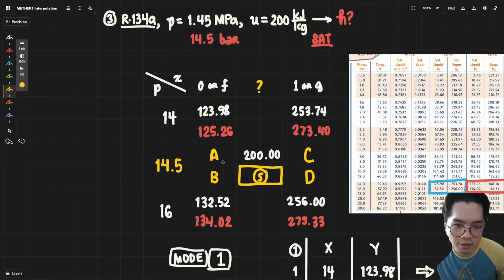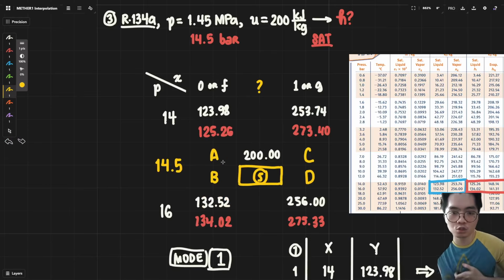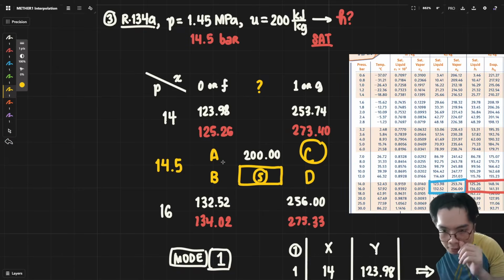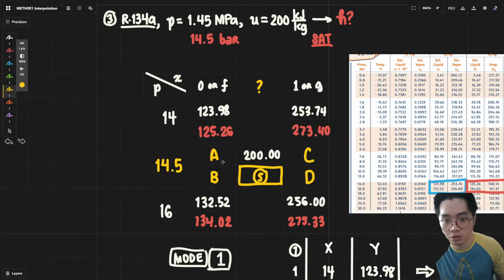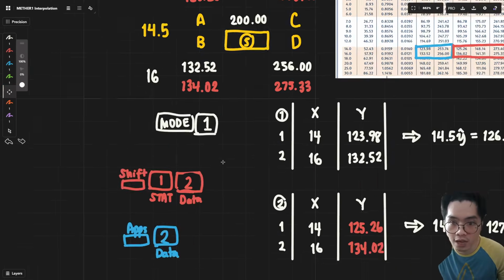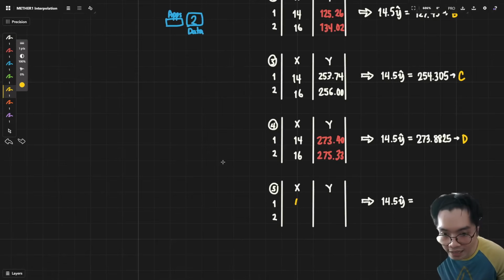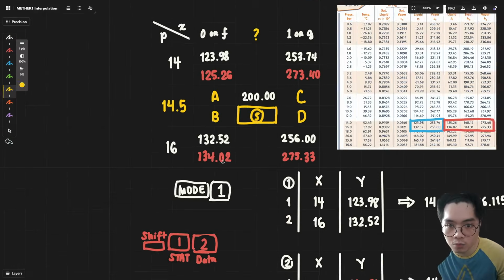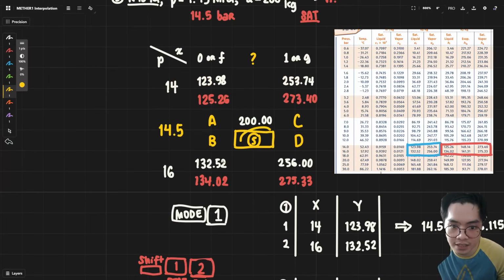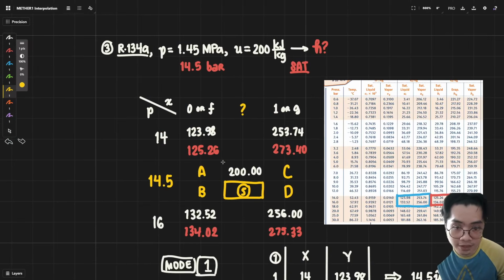If you look, your A value here corresponds to the fluid value, the saturated liquid value at 14.5. Your C, on the other hand, corresponds to the saturated vapor value for the 14.5 bar. And so now what we will do in here is we will look at A and then C, because what we are looking for in here is the corresponding enthalpy at an internal energy of 200.